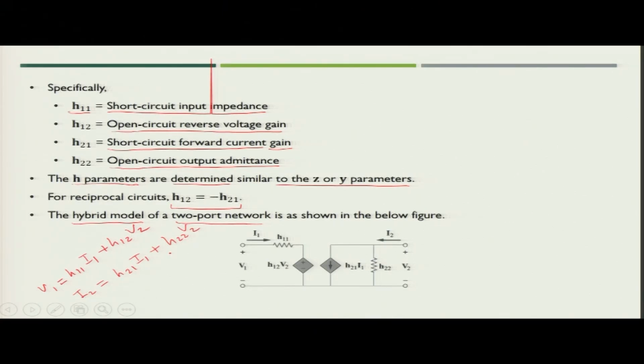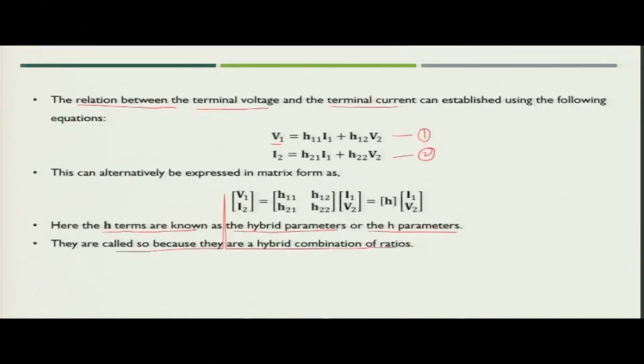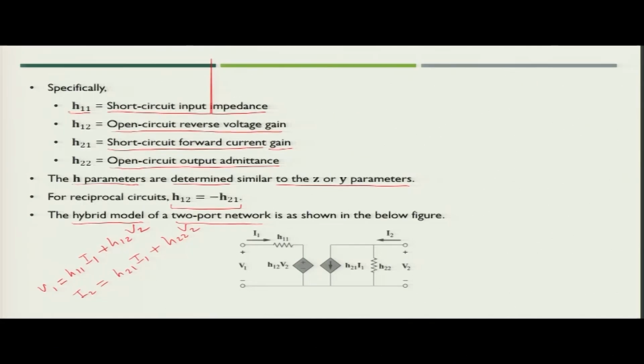So, these two are the same equations which we represented initially to define the H parameters. The same equations you can utilize to draw the hybrid model of a two port network. So, this will be your equivalent H parameter circuit for a particular network.